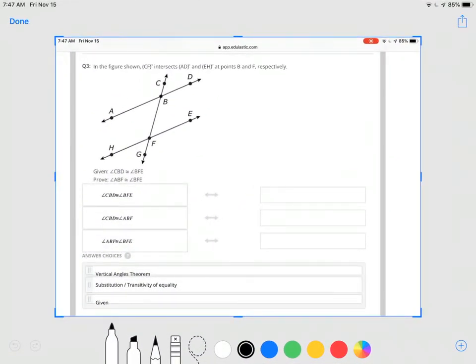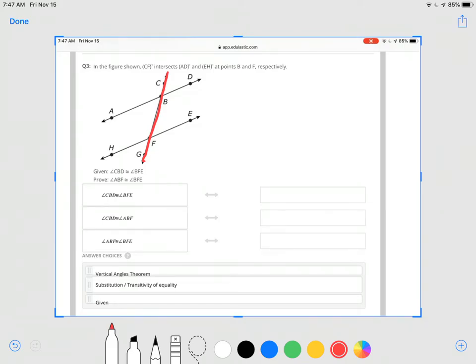Number 3 says, in the figure shown, line CF intersects line AD and EH at points B and F respectively. So we have these 2 lines that seem to be parallel, but they haven't told us that yet. So we can't assume it. Being intersected by this transversal CF.